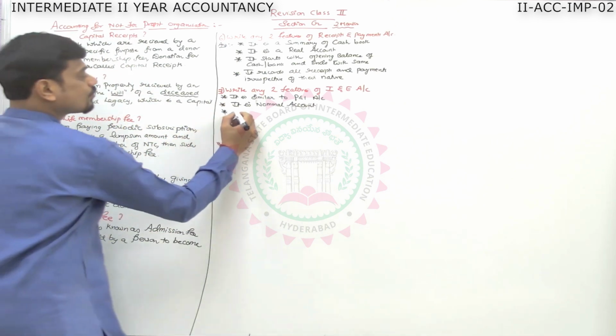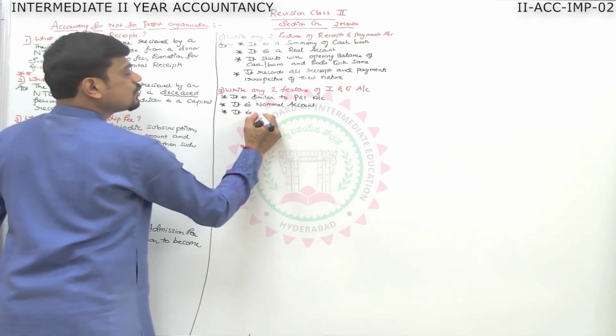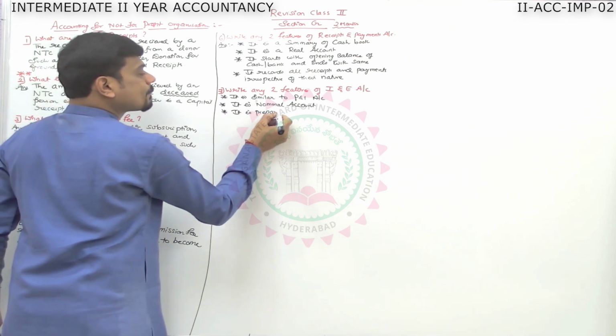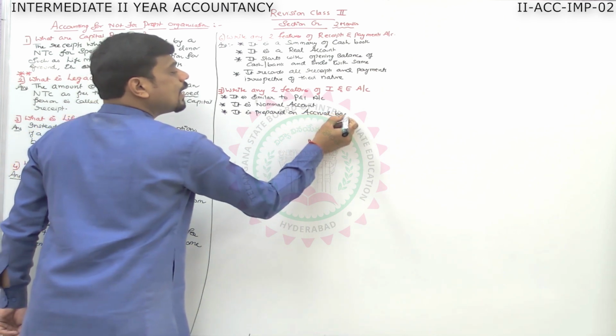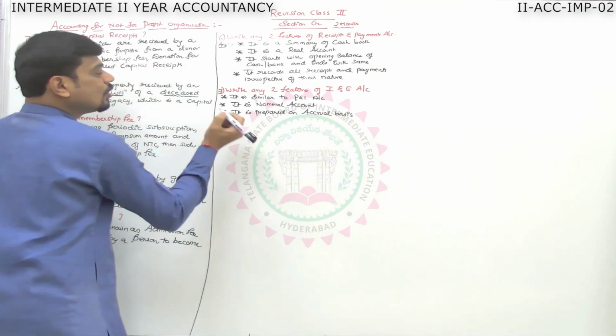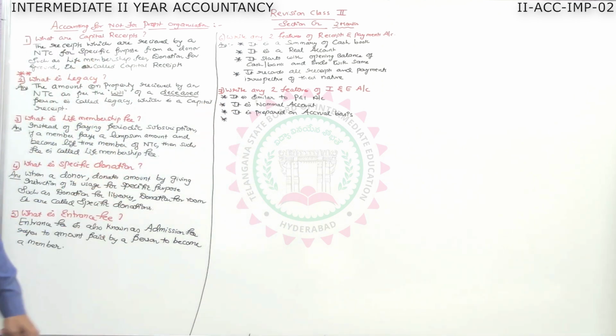Third feature, what we'll write? We'll write it is prepared on which basis? Accrual basis. And one more we'll write. Let us assume that examiner is going to count half mark only, so that way we'll try to write extra points.